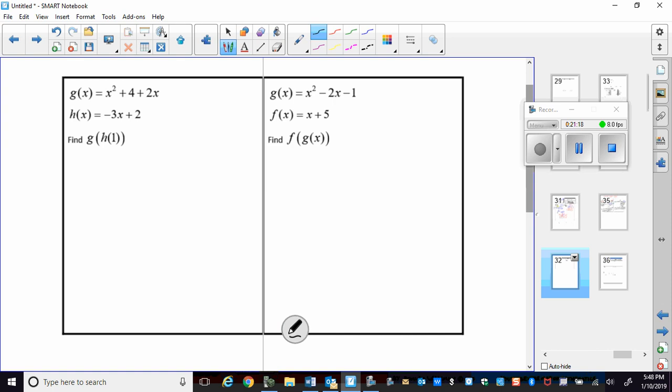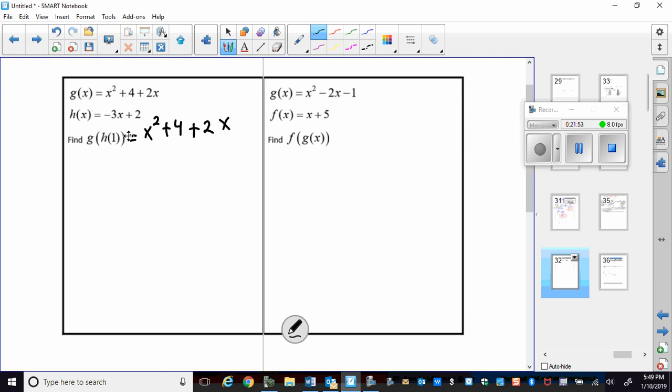What about the next one and the next one? Same type of thing. They're asking us to find g of h of 1, but they're not asking us to find inverses here. They're just asking us to compose these functions. So what we're going to do, things I know. I know what g of x is, and that's what I start off with. I start off with x squared plus 4 plus 2x, right?